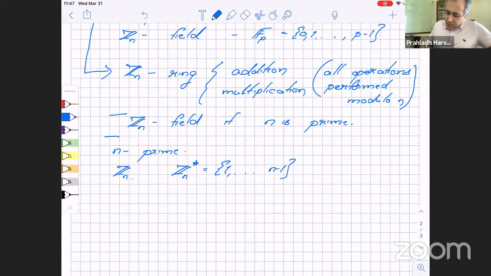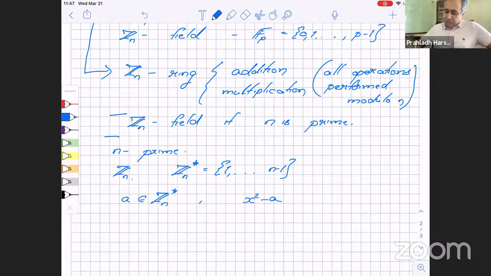So we can take any a in Zn star. Let's look at the polynomial x square minus a. I want to find out what the square roots of a are. This is something we'll come to in another example too.